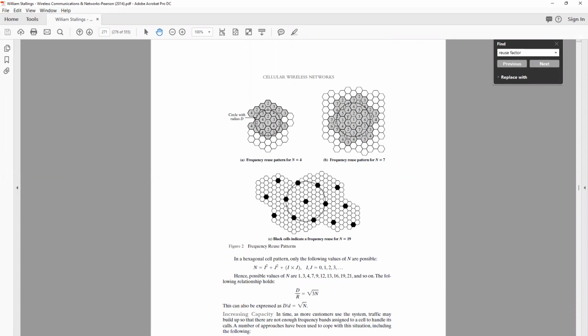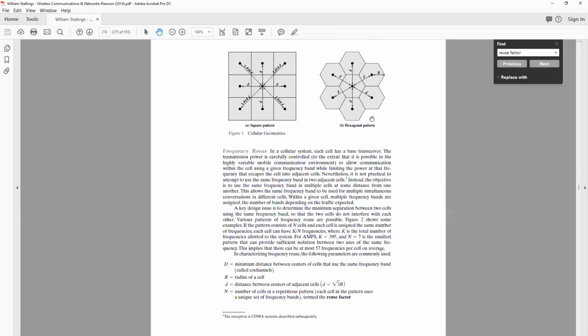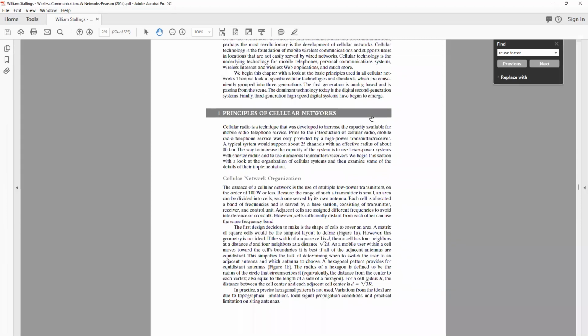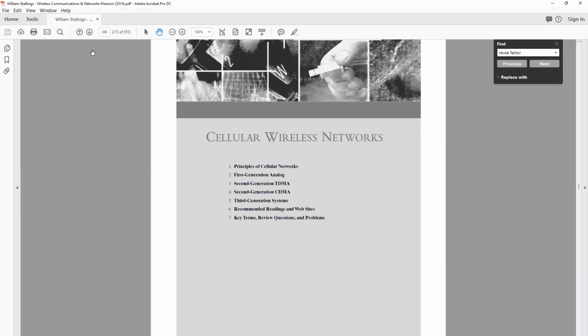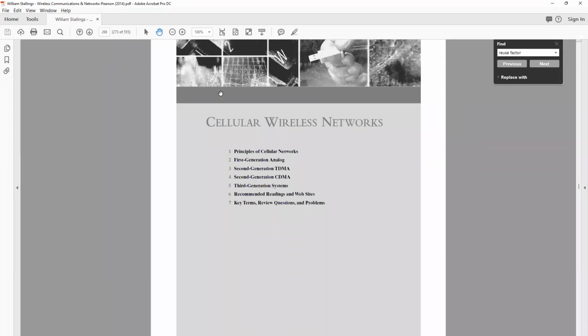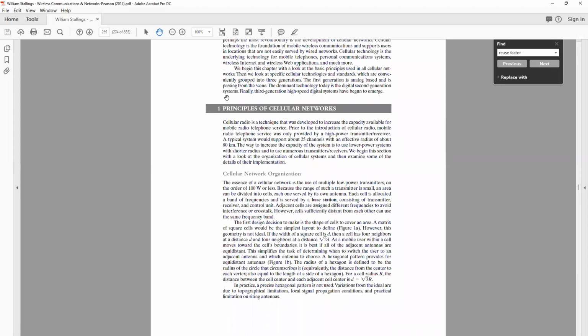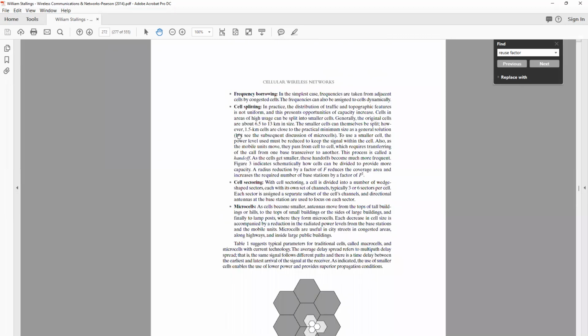So you can read more on this in your textbook, basically on cellular wireless structure, starting from page 268, right? You can read more about mobile phone communications over here.